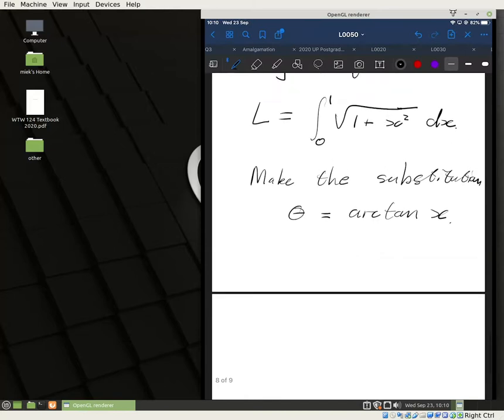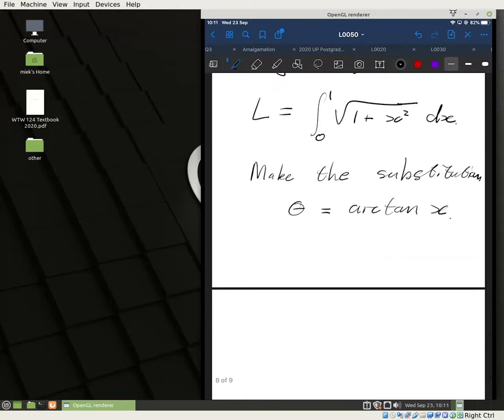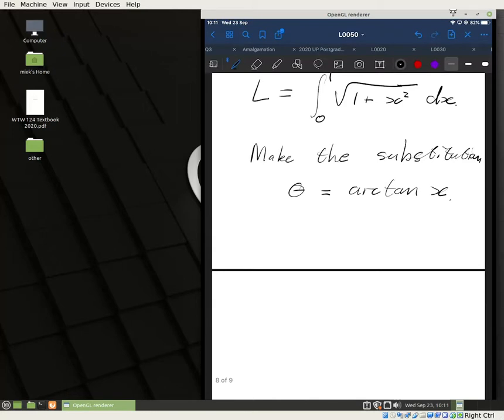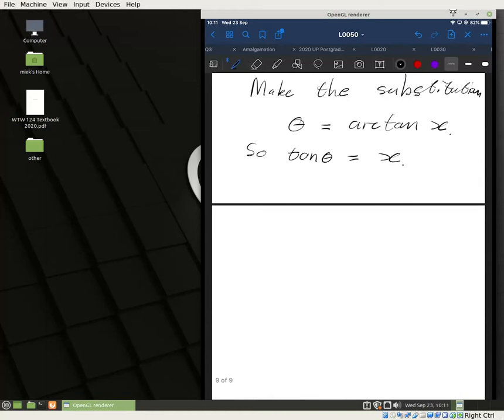So what I'm going to do is apply tan on both sides. So tan theta is equal to tan of arctan, which is just x. Okay, and let's work out dx d theta.